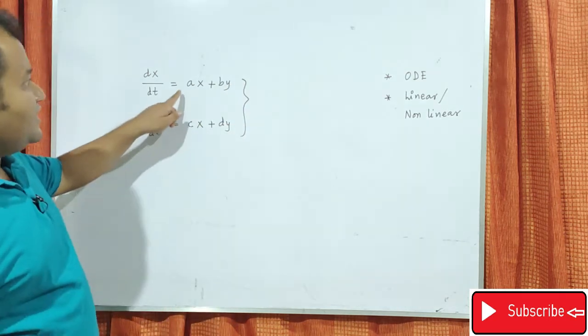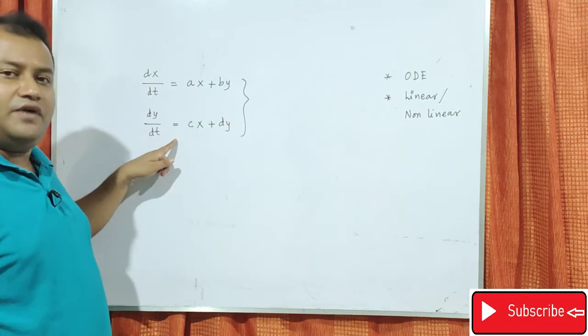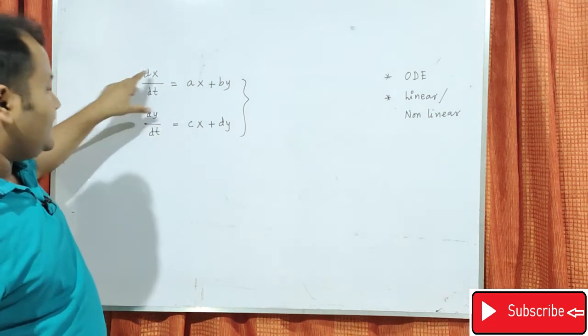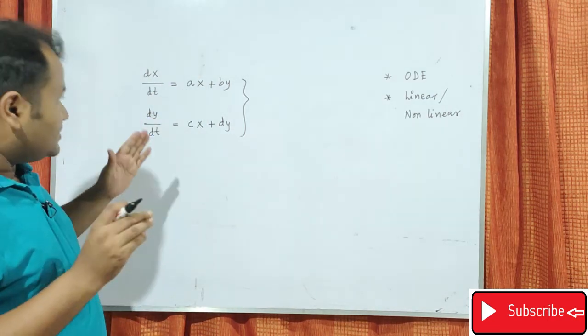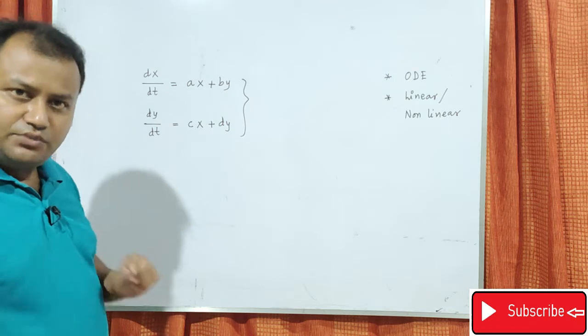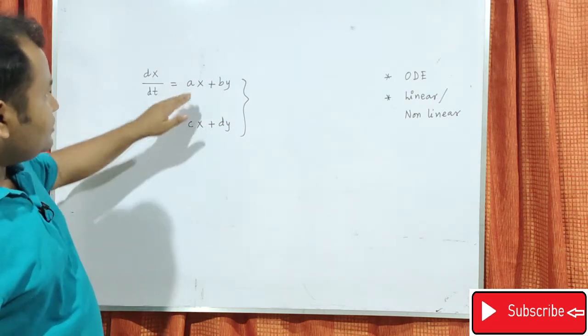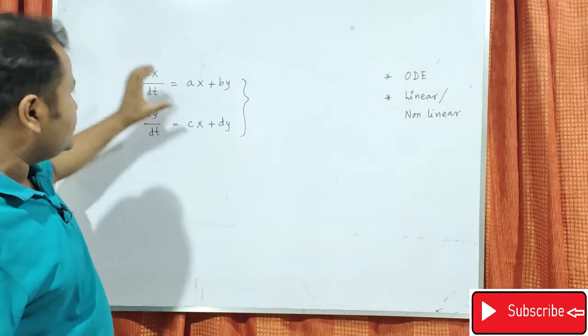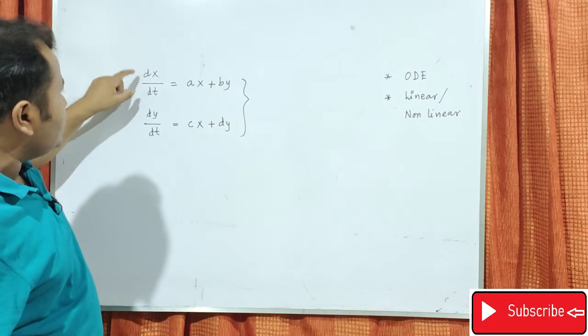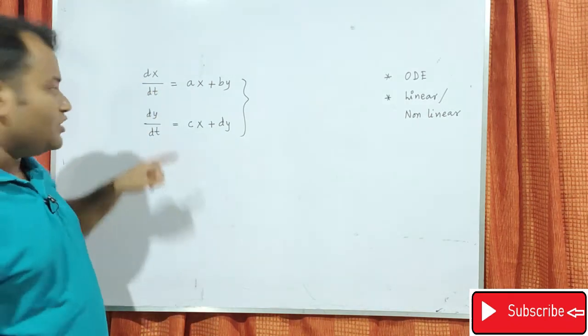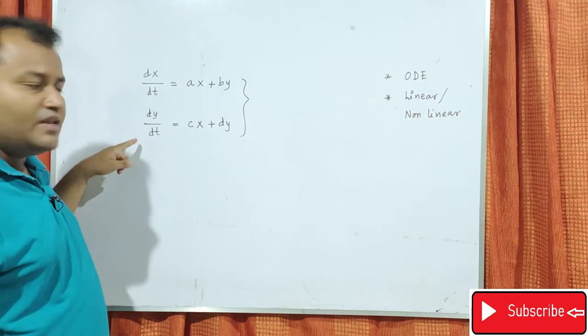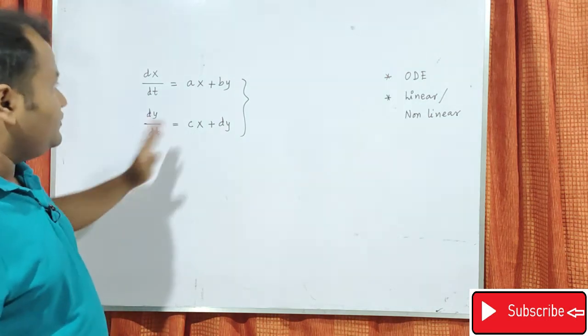Now this is one differential equation, this is another, but combined these two are called a system of ordinary differential equations. Now look at the right hand side. The order is 1 because one time derivative is involved, and the degree is also 1 for each equation.